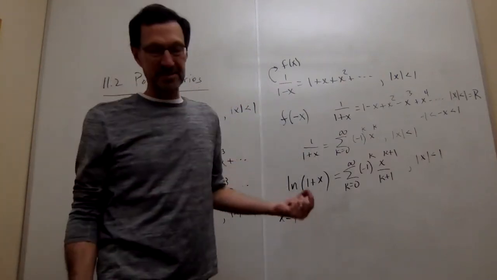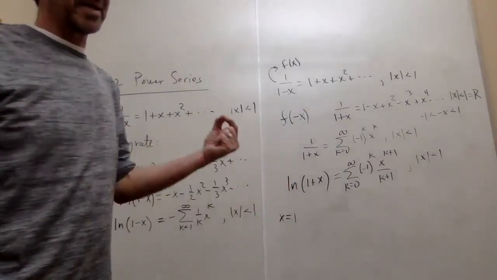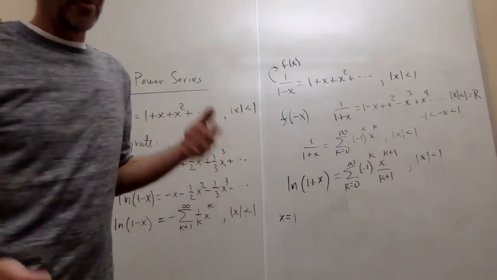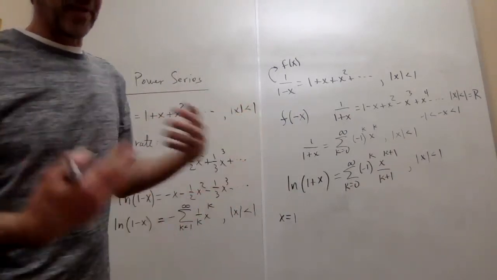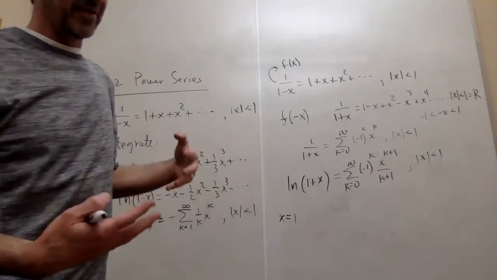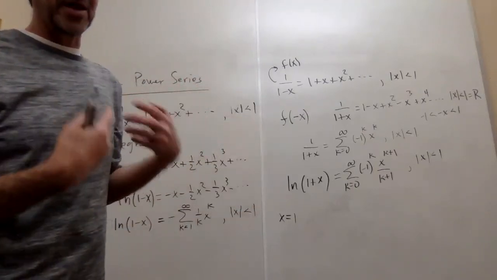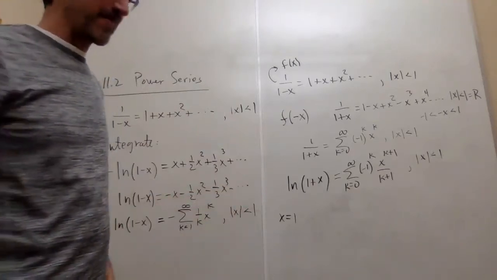So the question is, on the endpoints, does the series converge or does it diverge? If it converges, we include that endpoint in the interval of convergence. If it diverges, then we don't. If we include it, we write a square bracket around it. If we don't, if it diverges, then we just leave the parenthesis there, okay?